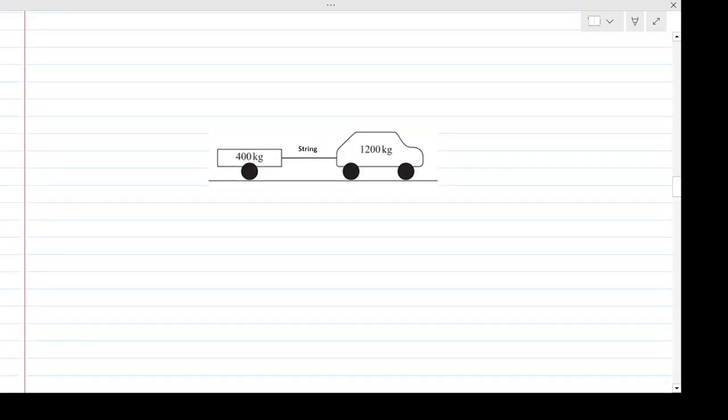String. Okay, string is next. So what we will also be looking at is a car, but also a car that tows some sort of extra weight, or a caravan usually. So they're connected by a string here. Now there were two assumptions coupled with strings, and that is light and inextensible.